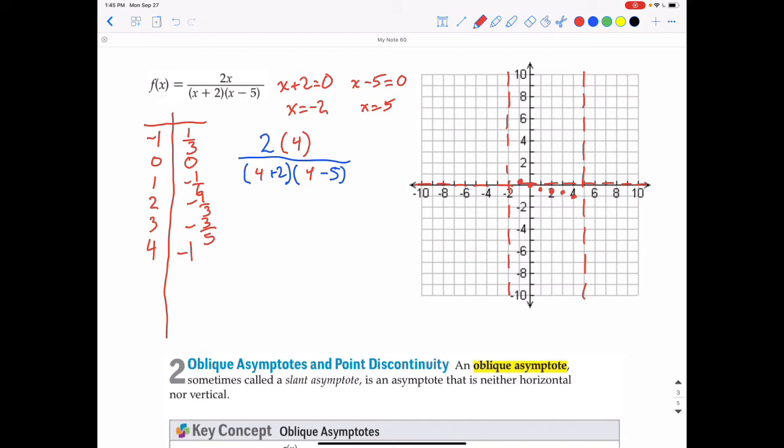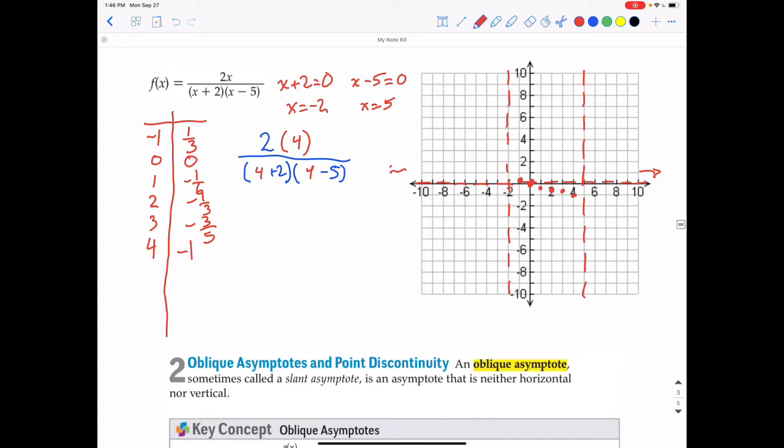But one point I want to point out is particularly this point here located at 0, 0. That is confusing to some students because they have always been told that a graph cannot touch an asymptote. And that definition is only partially true. A graph shouldn't touch an asymptote as it approaches infinity, in other words, as it approaches the far right and left portions of the graph and the far upper and lower portions of the graph.